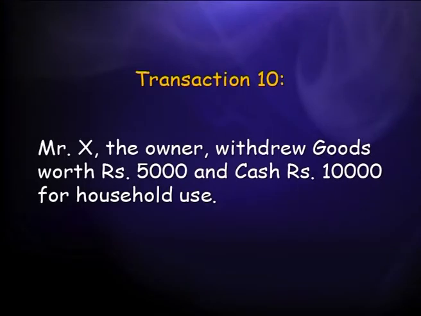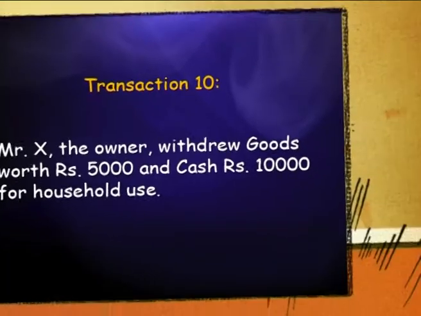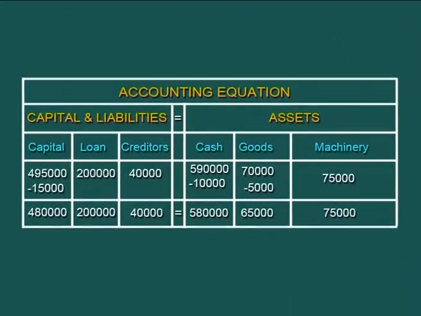In our next transaction, let us say Mr. X, the owner, withdrew goods worth rupees 5,000 and cash rupees 10,000 for his personal use. If we see this transaction, what we see is owner is withdrawing back 15,000 rupees for his personal use, that is 5,000 rupees in the form of goods and 10,000 rupees in the form of cash.